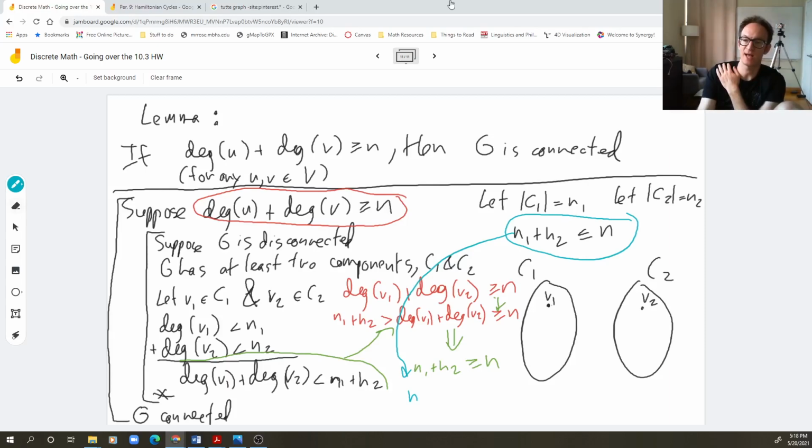No, sorry, I did something slightly bad here, which is, in fact, it's strictly greater than, right? Because n1 plus n2 is strictly greater than the degrees, which is greater than or equal to n.